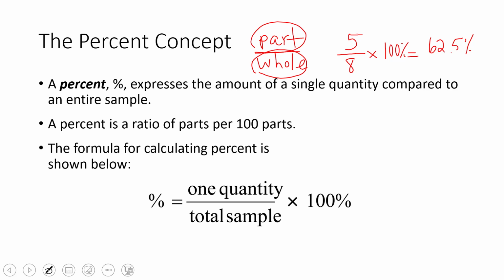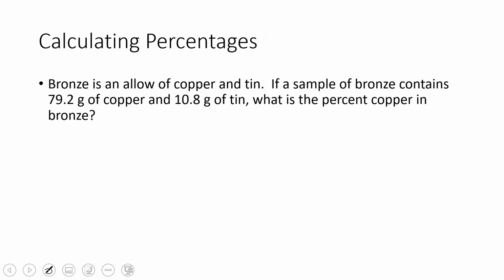Now, just like our other conversion factors, we can take this and use the reciprocal of it for analysis. And I'll show you an example in a minute. This example is talking about bronze and how it's an alloy of copper and tin mixed together.